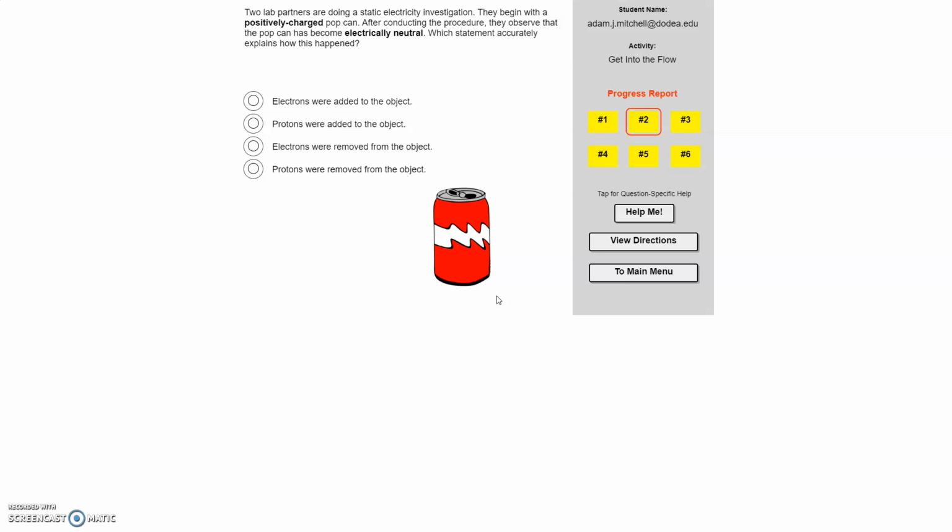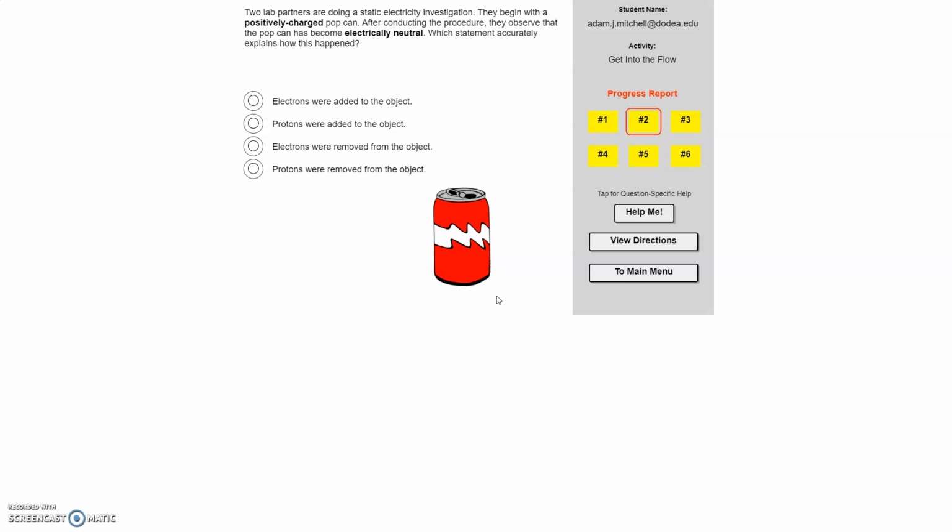Now, it's super important to understand that in all the examples we've looked at so far, they've always represented only the negative charges moving. That's because in reality, the electrons are on the outside of the atom, and it is easy for those electrons to be moved off of the atom and between different kinds of materials.